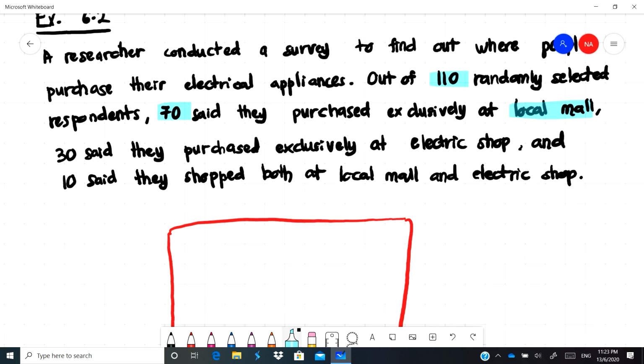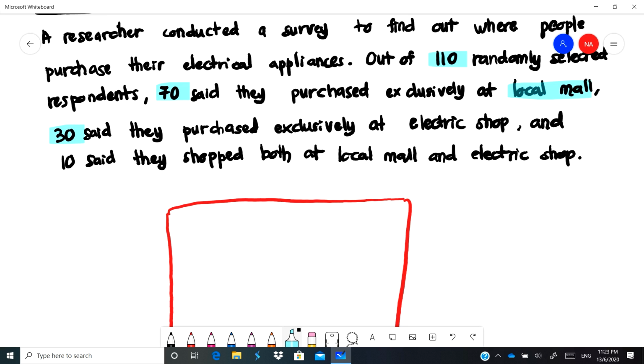And 30 said that they purchase exclusively at an electrical shop, meaning that the 30 respondents buy electrical appliances at the electrical shop only, but not at the local mall. And 10 of them said that they shop at both the local mall and the electrical shop.